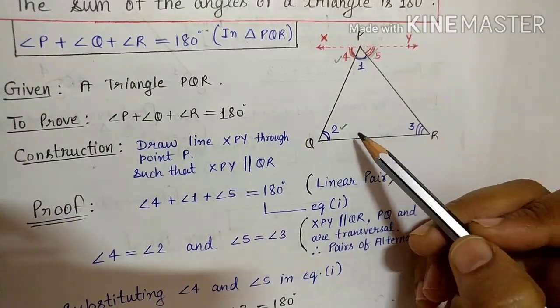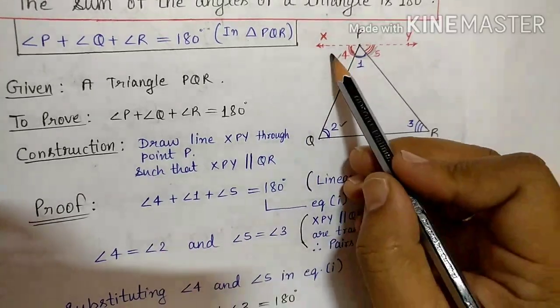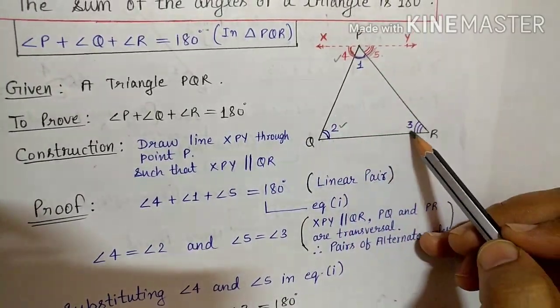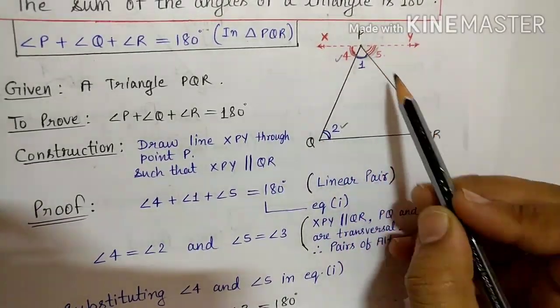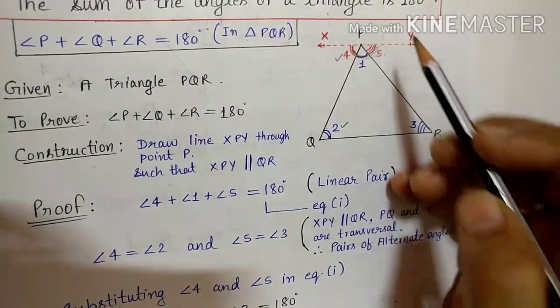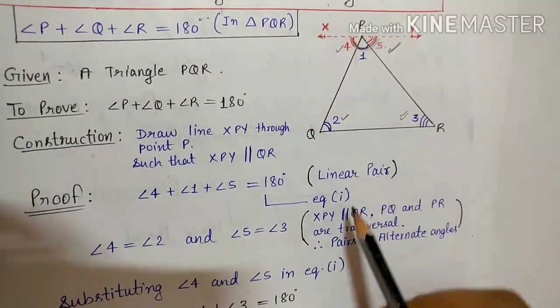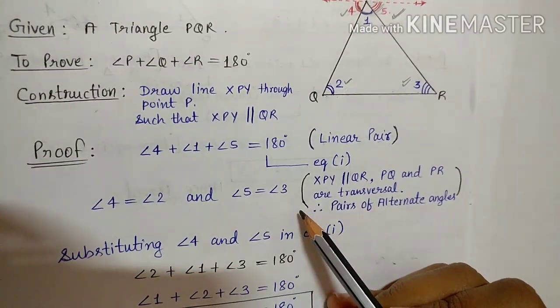Alternate interior angles. So angle 4 equals angle 2. In the same way, angle 5 equals angle 3, as PY is also parallel to QR and PR is working as a transversal. So angle 5 and angle 3 are also a pair of alternate interior angles. I have written the reason here. So angle 4 equals angle 2 and angle 5 equals angle 3.